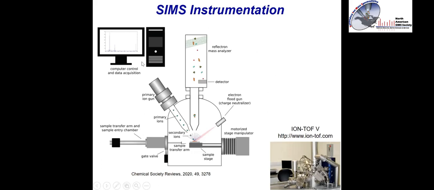It's all under computer control. There are transfer arms because we have to bring the samples in from atmospheric pressure to ultra high vacuum pressures. And then there's typically some sort of charge neutralization system that we need because we're removing charges from the surface.